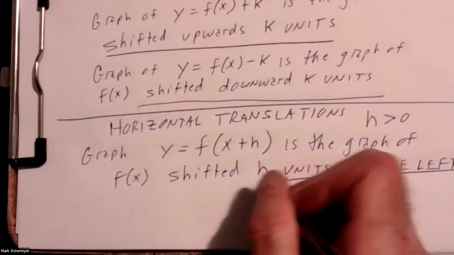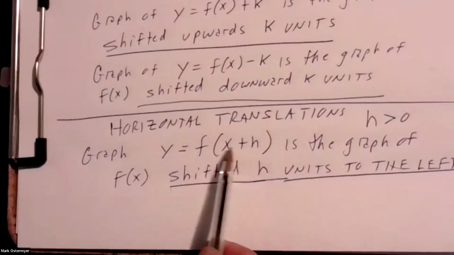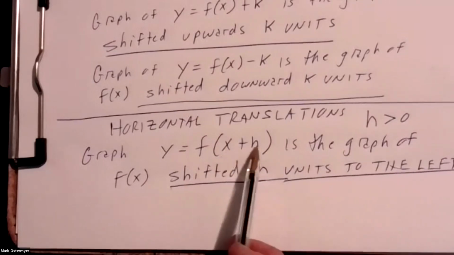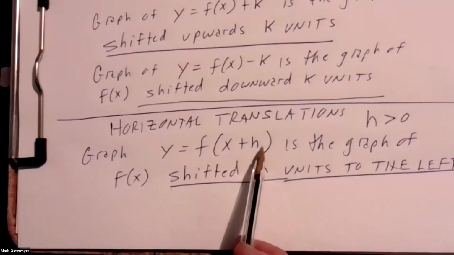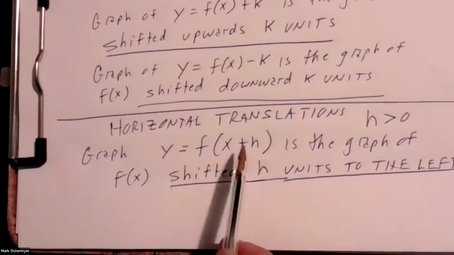It seems strange because we're adding a positive real number to the argument of the original function. It seems like the graph would get shifted h units to the right, but it's just the opposite. The graph of f of x gets shifted h units to the left.